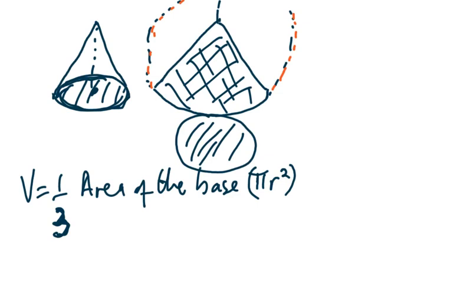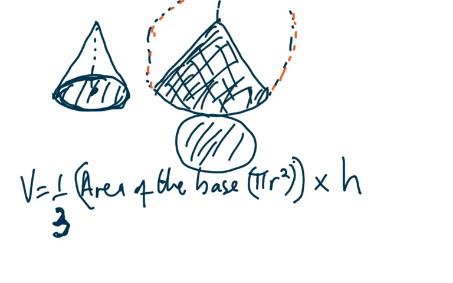Volume is given by 1/3 of the area of the circle multiplied by the height. Now, why do we say 1/3? Because a cone actually is made up of a third of a circle.